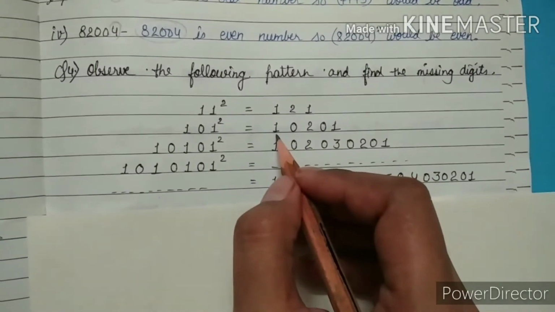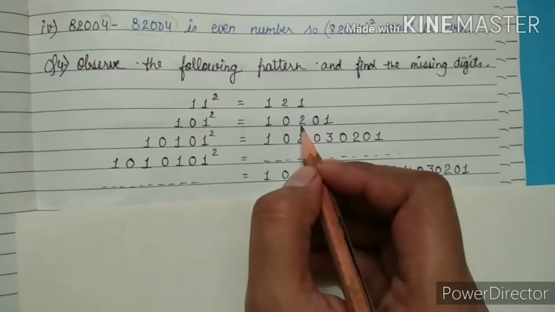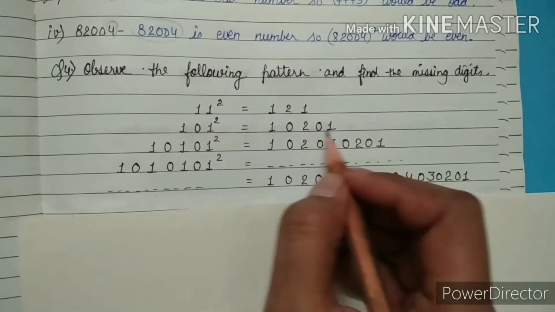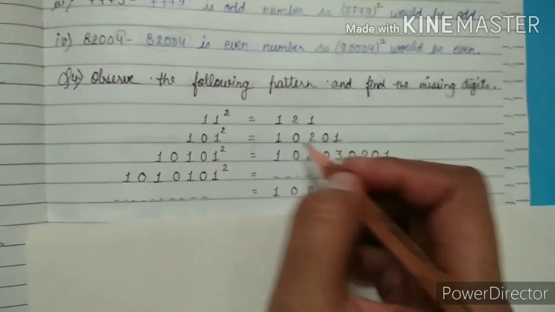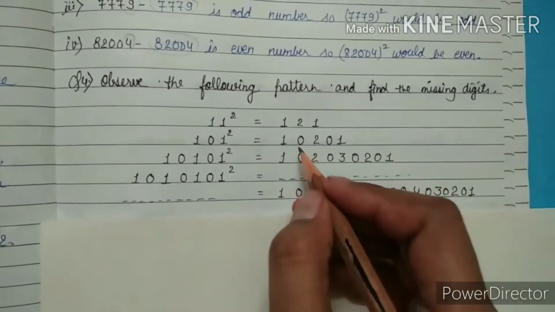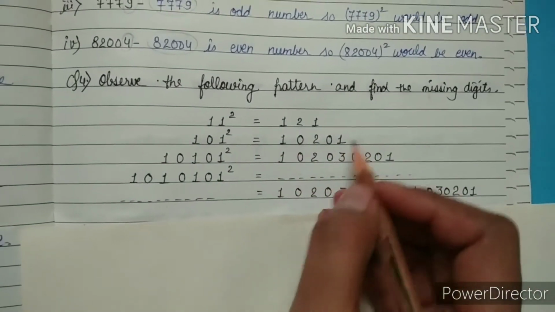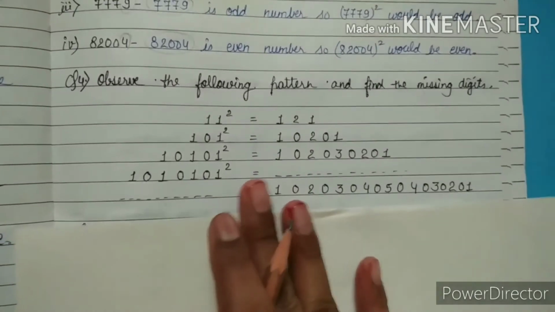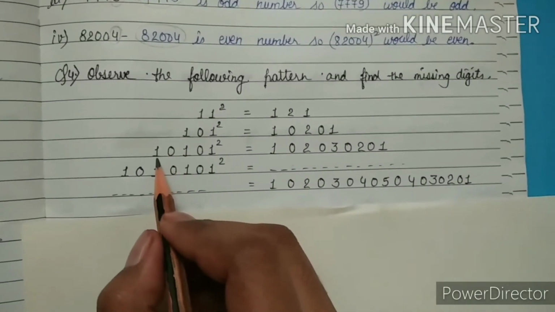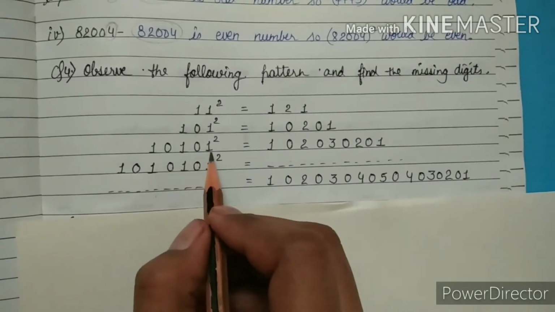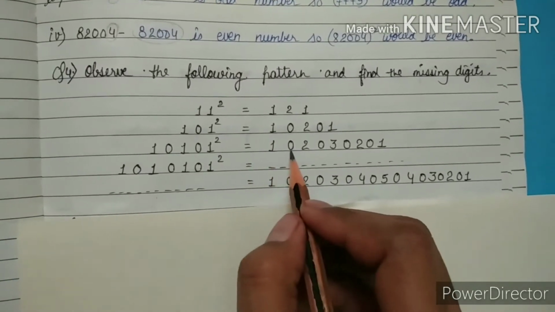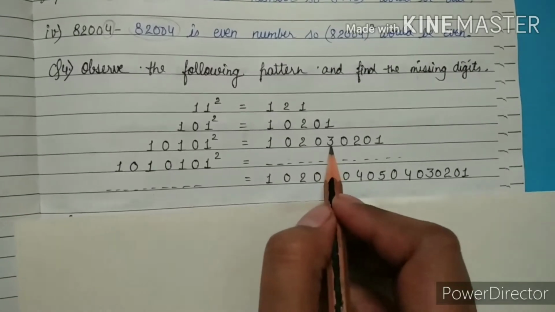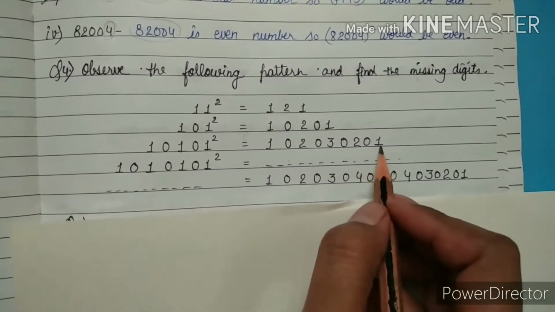So it goes from 1 to 2 and again from 2 to 1. Have you seen? The same digits are there, 1 to 1, but in between they put 0. Now we have 1001 square equal to 1 0 2 0 3 0 2 0 1.